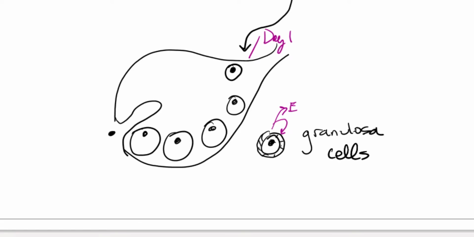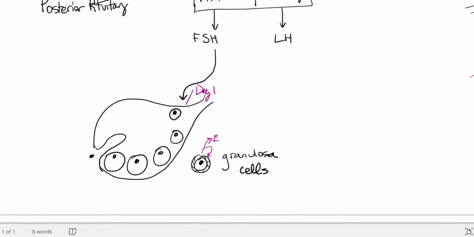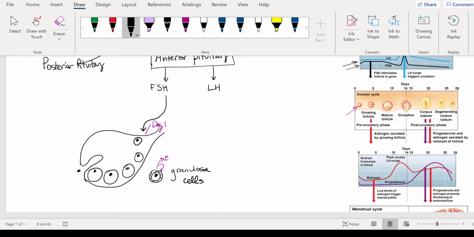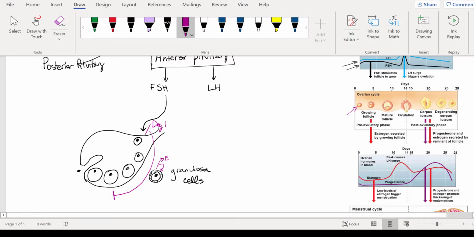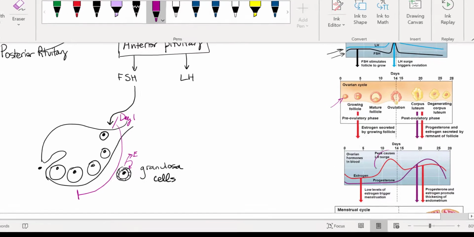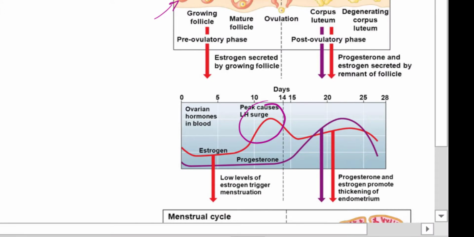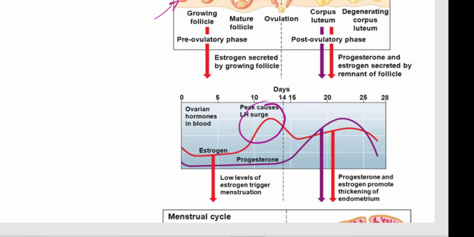Okay, so the granulosa cells produce estrogen, and it starts with a very low level at the beginning, and it moves along until about day 13. All right, and so day 13 we see a spike in estrogen, and you can see this spike right here. Okay, so this is from the granulosa cells.